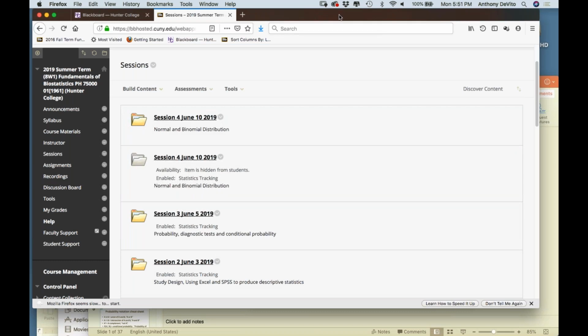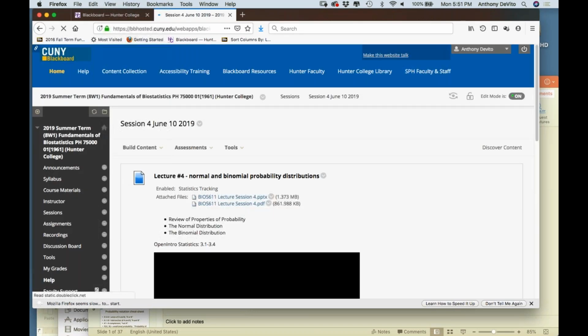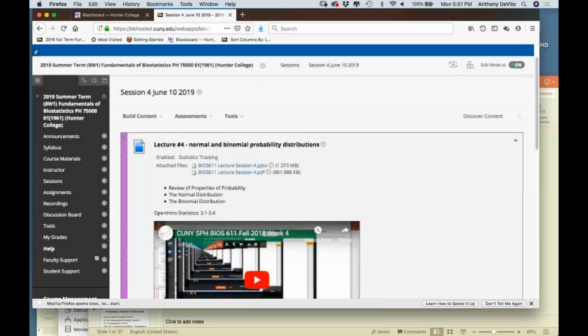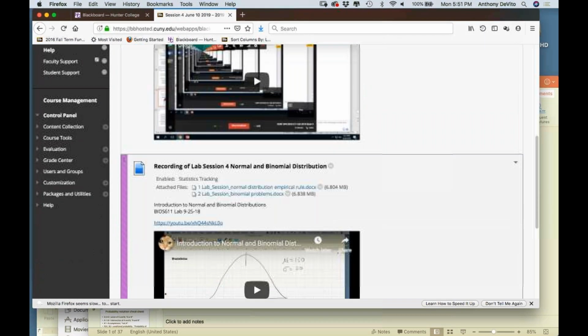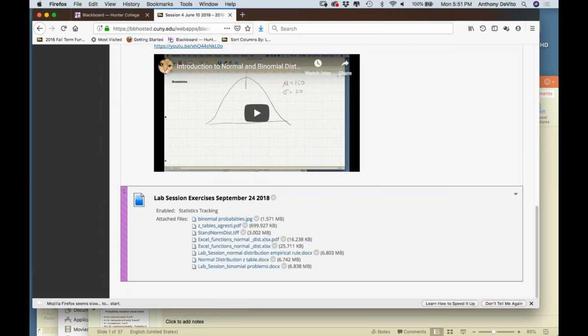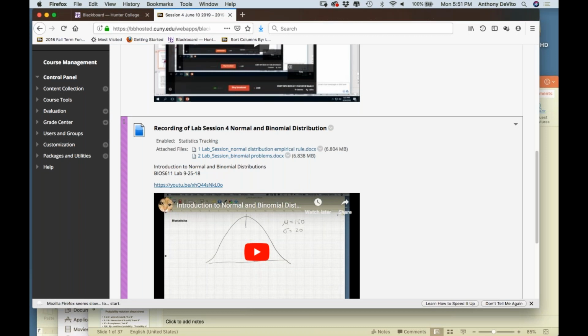Okay, so I am going to take a look at the material that we have in session 4 for today, and we have 2 areas here. One area is a lecture that Levi Waldron did. Actually, it's not a lecture entirely. It's sections of a lecture, right?